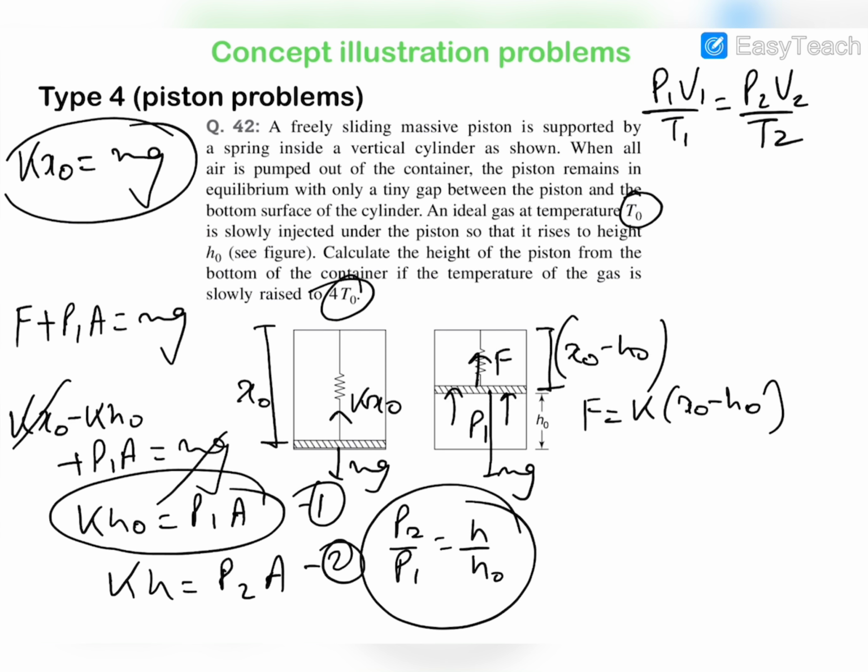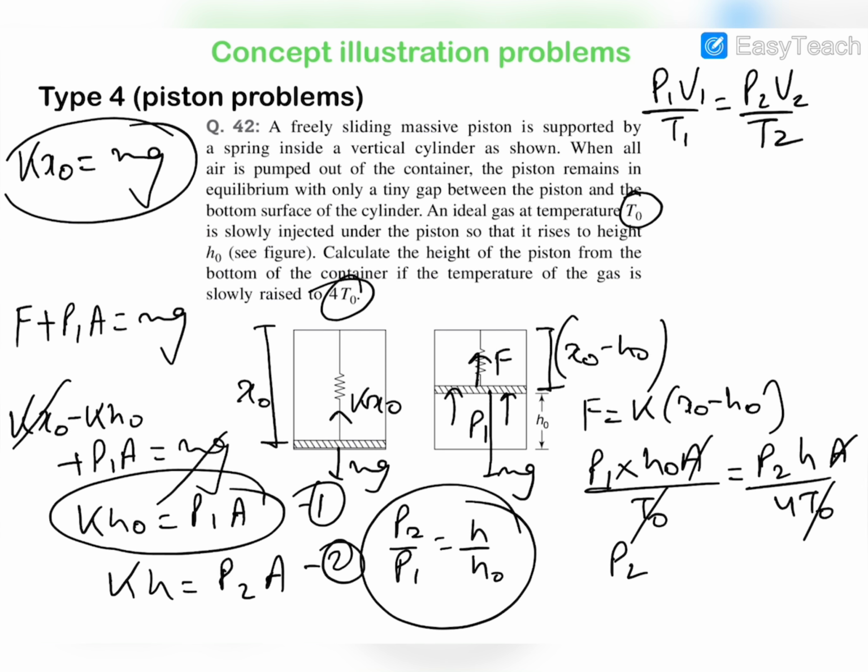The pressure was P1, the volume in this initial state was h0 into area, and the temperature was T0. Finally the pressure is P2, the volume is h into area, and the temperature is 4T0. So you can see that from this equation P2 by P1 is equal to h0 by h into 4.